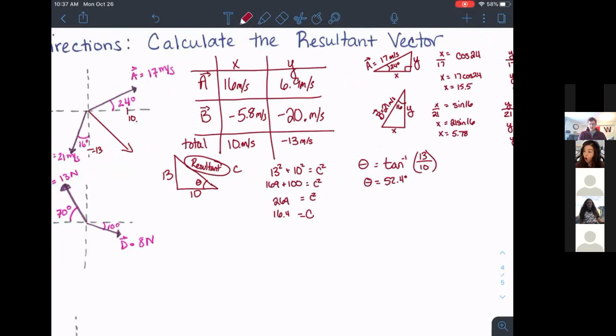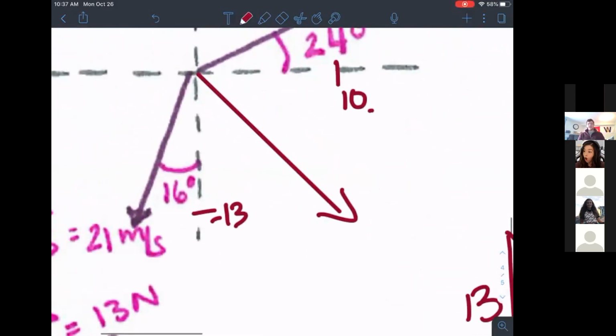So if I'm drawing that on here, where would that 52.4 degrees go? Any ideas? Or let's put it in here.